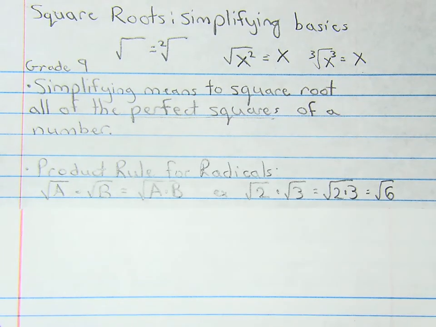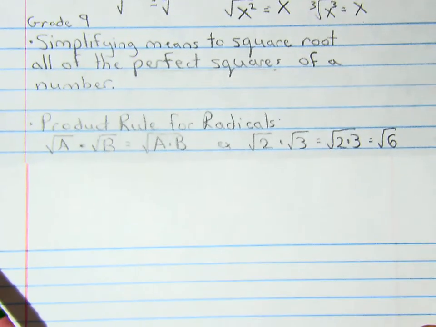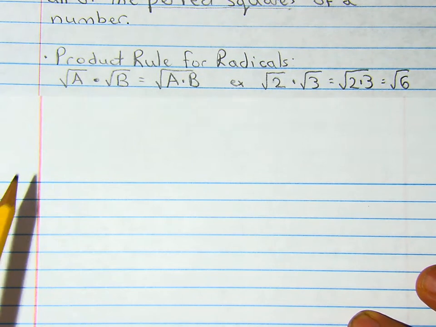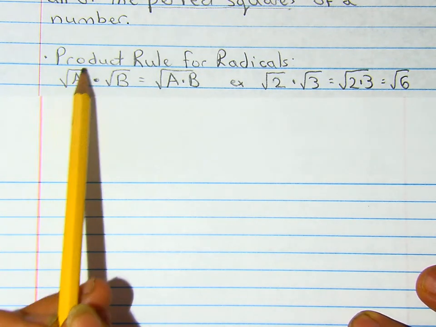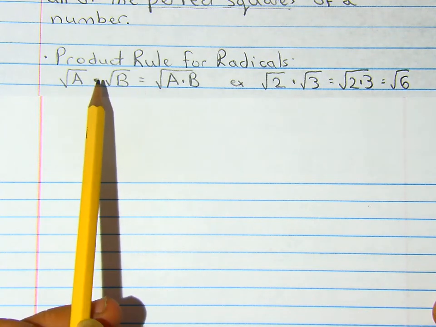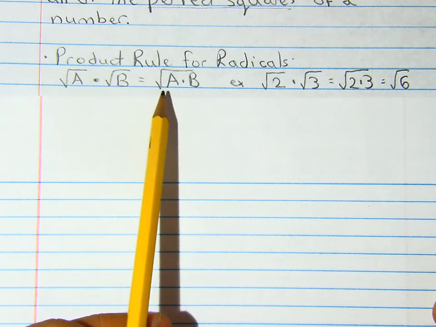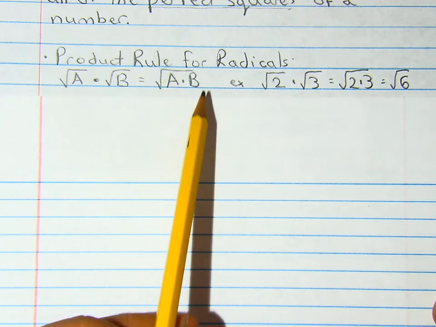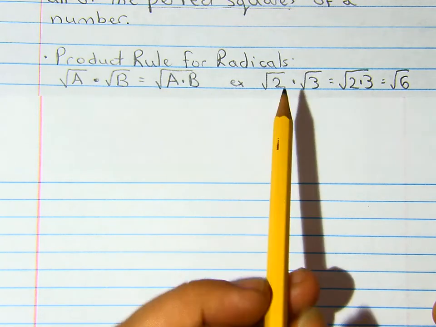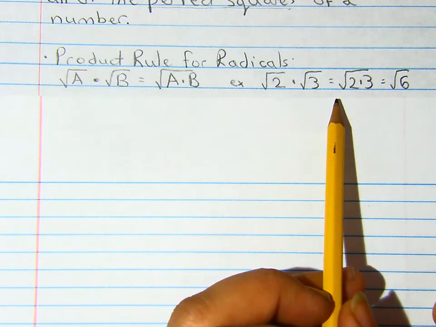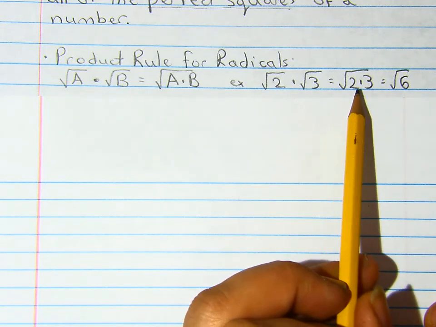So part in order to be able to find that bit of information is the product rule for radicals. It says that if I have radical of a, radical of b being multiplied together, you can actually put them all under one enlarged radical. So an example would be if I had square root 2 times square root 3, then I can actually combine those by multiplication.